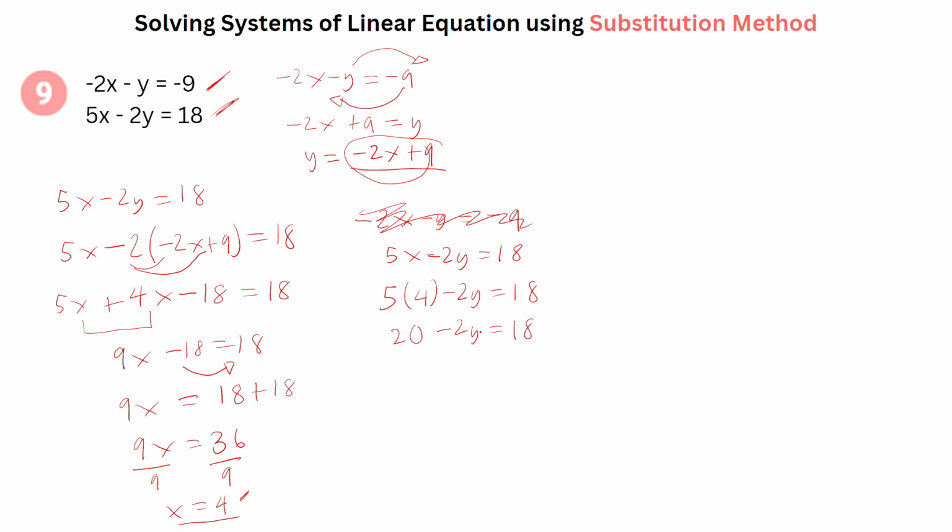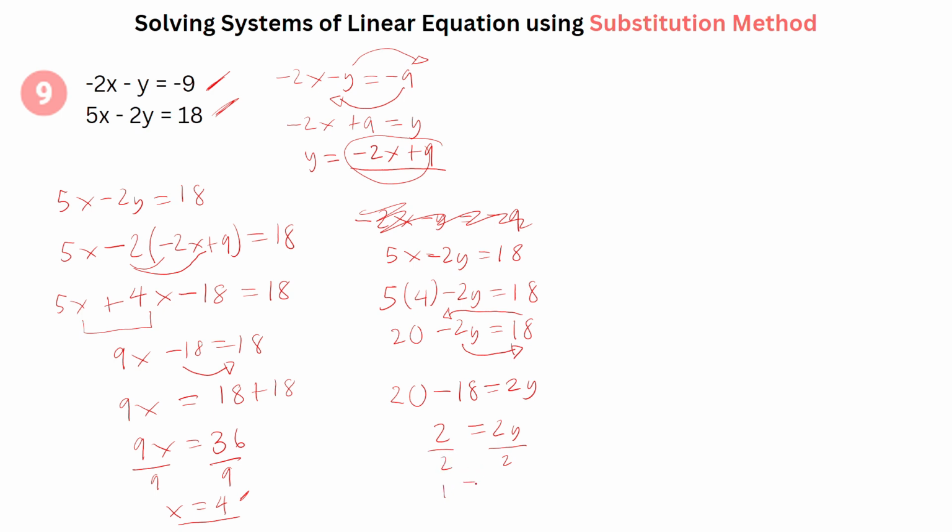So how do we solve for y now? Of course, negative 2y here will be transposed to the right side, and then 18 to the left side. What will happen now? So 20 minus 18 is equal to 2y. So 20 minus 18 is going to be 2, and then is equal to 2y. To solve for y, just divide this by 2, divide this by 2.